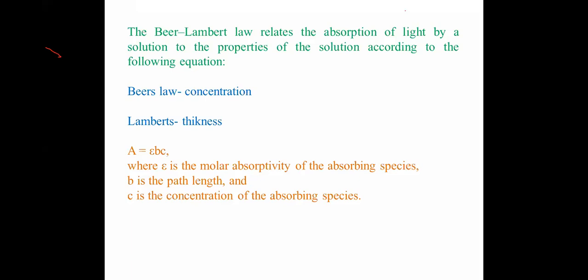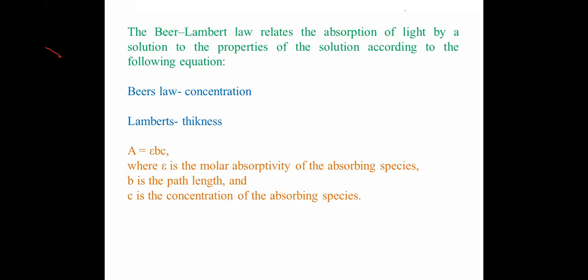How much the energy is absorbed, what about the color intensity, what about the wavelength, and what is the relationship between the sample, say the solution, the nature of the solution, and its absorption of electromagnetic radiations. So to explain this we use Lambert's and Beer's law.